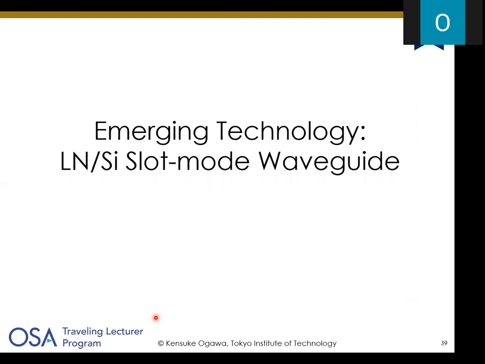So in the rest of the time, I briefly show an emerging technology, in particular on the conventional, very traditional electro-optic material, lithium niobate on a silicon photonic waveguide. The topic is the slot mode type of waveguide utilizing a heterogeneous structure, including lithium niobate and silicon.